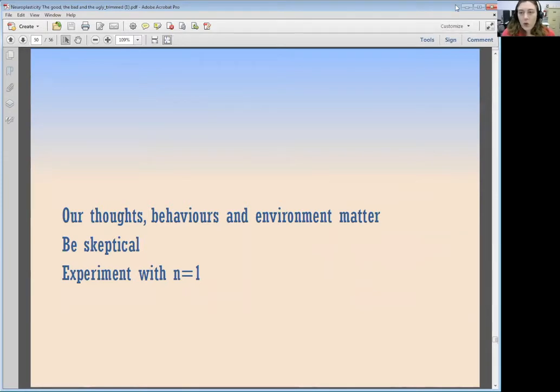But it's certainly worth taking some baseline measurements. For example, you could rate your pain over a couple of days, and then you could try some new things, and then over the next few days take some new pain measurements. That way you've created your own experiment to find out what works and what doesn't work for you.